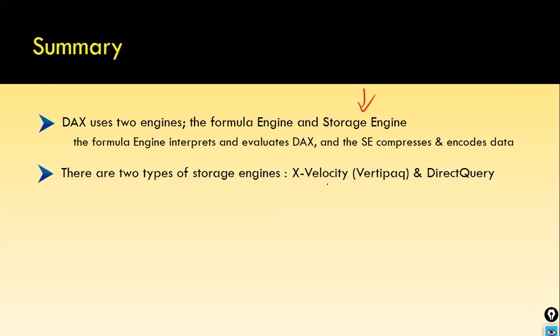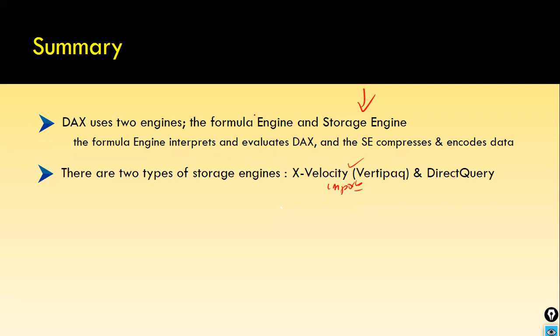In the case of import mode, the xVelocity engine kicks in, and in the case of DirectQuery, xVelocity does not come into the picture. The formula engine sends the query plan directly to the SQL Server or your RDBMS source system, and that source system sends the data back to your formula engine.